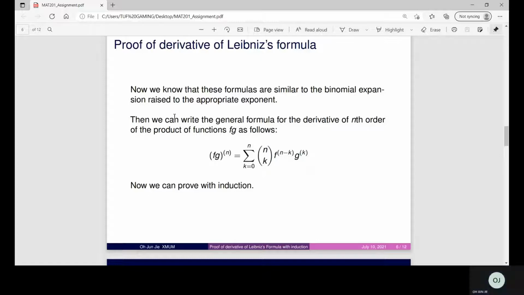So we can write the general formula for the derivative of n-th order of the product of functions f and g. We'll get this equation. Now we can prove it with induction.